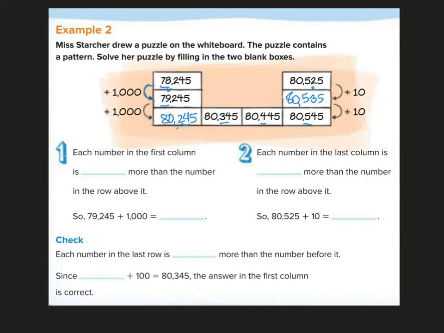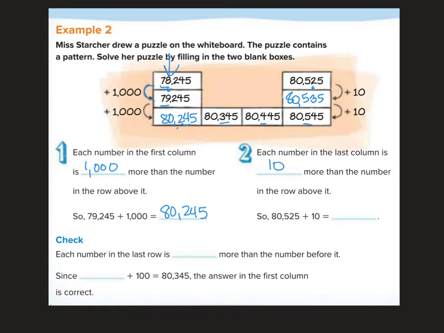So if we're filling in our blanks here, each number in the first column is blank more than the number in the row above it, 1,000. So 79,245 plus 1,000 would be 80,245. Step 2, each number in the last column is blank more than the number in the row above it.